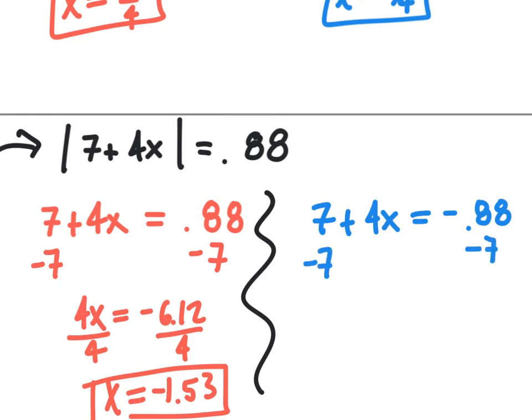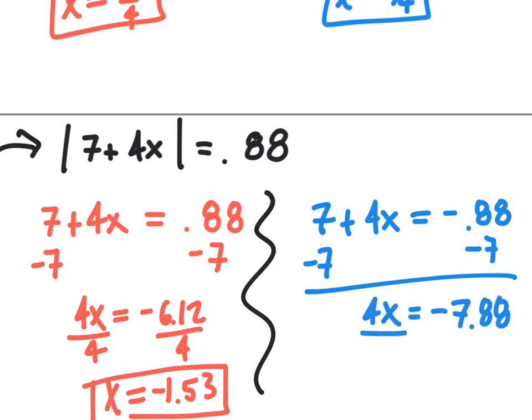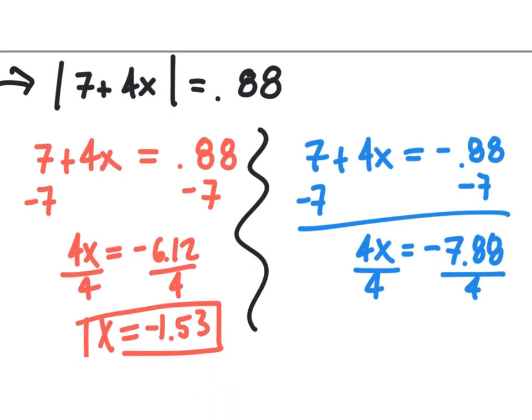Subtract 7 on both sides, so I get 4x is equal to negative 7.88. If I divide by 4, negative 7.88 divided by 4 gives me negative 1.97. So x is going to equal negative 1.97.